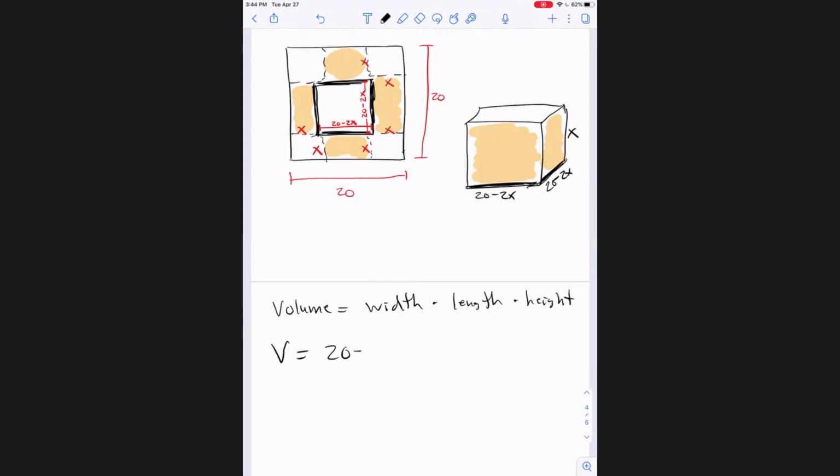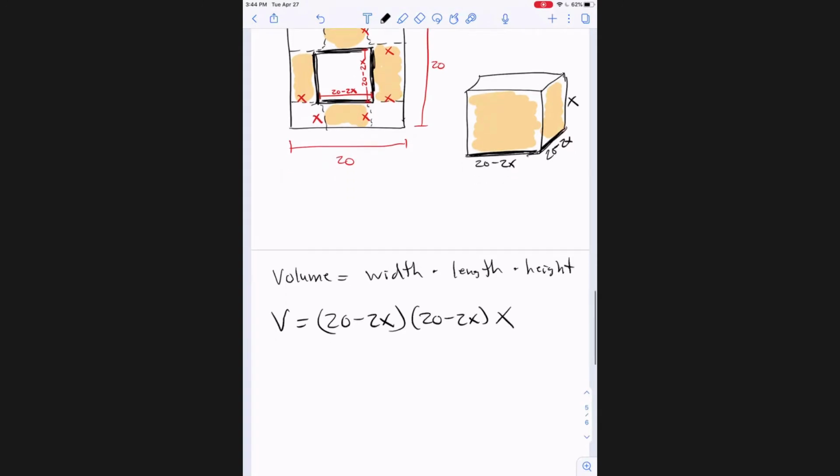The width is 20 minus 2x, times the length, which is also 20 minus 2x, times the height, which is just x. So I want to know what dimensions will maximize the volume of the box.